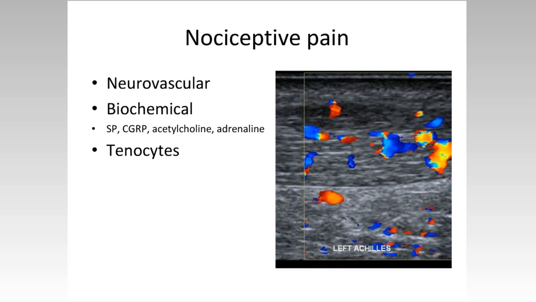A current theory is really centered around tenocyte involvement and biochemicals, but really there's little concrete evidence of what the nociceptive mechanisms are in tendon, and clinically we don't really know what the underlying biochemical environment is when we have someone present with different levels of pain, different pain presentations.